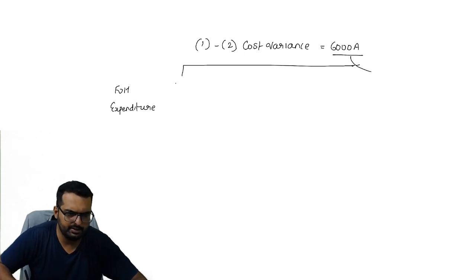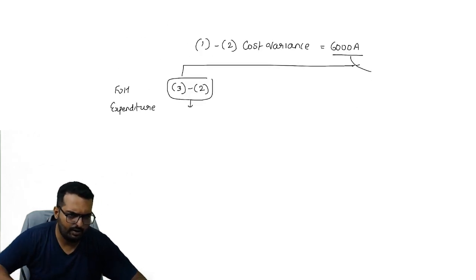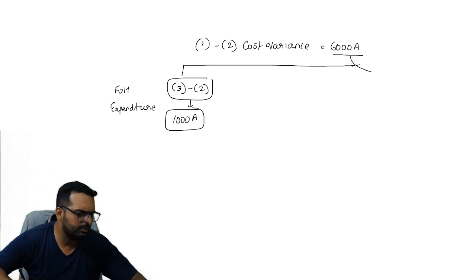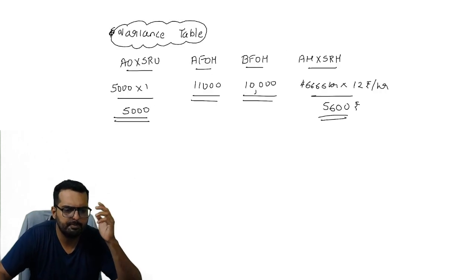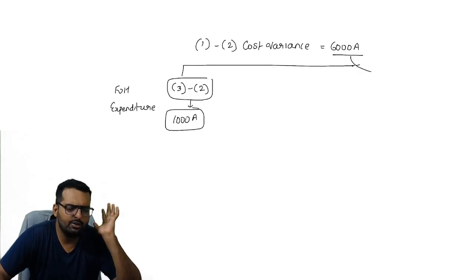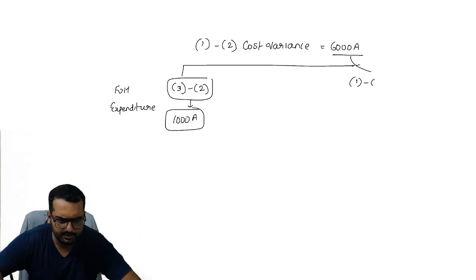That will be 3 minus 2 as usual. 1,000 adverse. Tell me the logic of this 1,000 adverse. What is that 1,000 rupees? The glass. Wonderful. Expenditure went up by 1,000 because of the glass breaking.